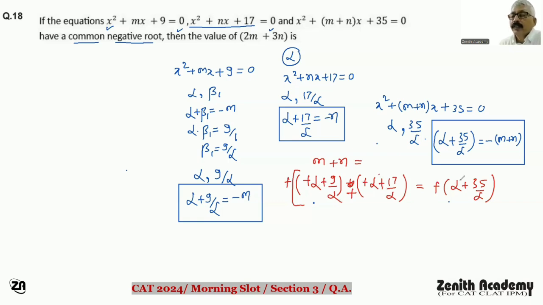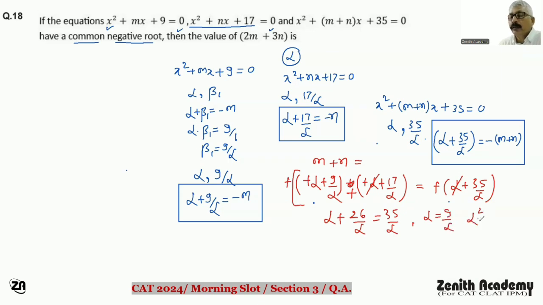So see, alpha, remove this alpha from here. Alpha plus 9 by alpha plus 17 by alpha means 26 by alpha, and here 35 by alpha. So 35 minus 26 is 9 by alpha.